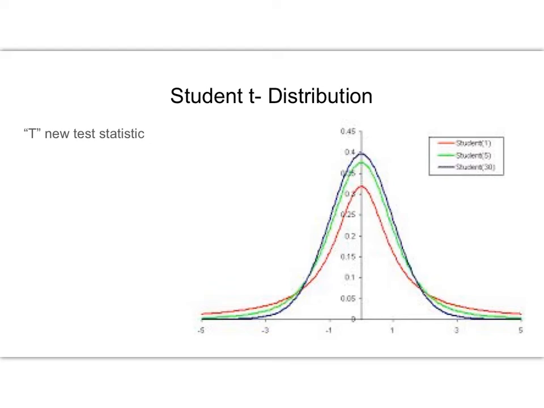That's with a sample size of 5. And then if you look at the red one, this bottom one, that's with a sample size of 1. I have a really flat top and high bottoms. So it depends on your sample size what the curve is shaped like. It's similar to a normal curve, but it depends on your sample size.